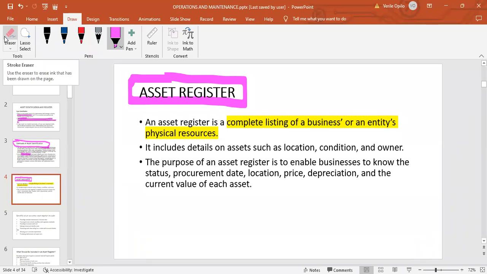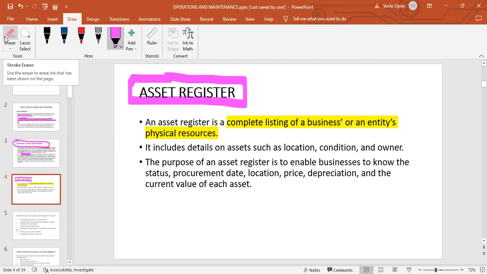So an asset register, just like any other register, is a list of all the assets that a company owns at a given point in time, and it contains several details about the asset: the description of the asset, the condition of the asset, the ownership, who is the owner of that asset, where that asset is located.